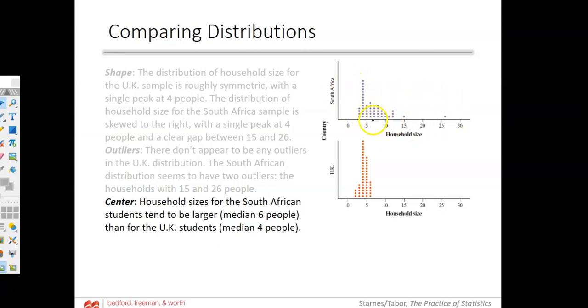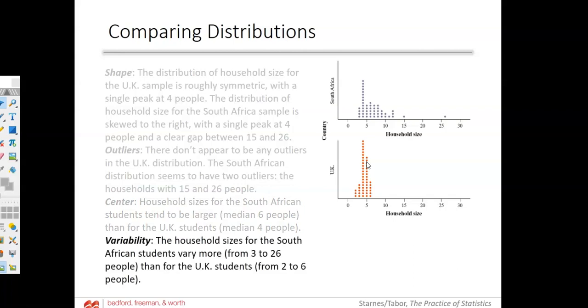Just roughly ballparking it, it looks like around 7-ish. I'm just guessing there. They said it was 6. I'm sure they calculated it was 6, but that's about where that median is, where that smaller peak is right there. And for the UK students, it seems almost for sure it has to be right about 4. You can count out the number of dots, where each one is a data point, and find the middle value there, which is the way to go.